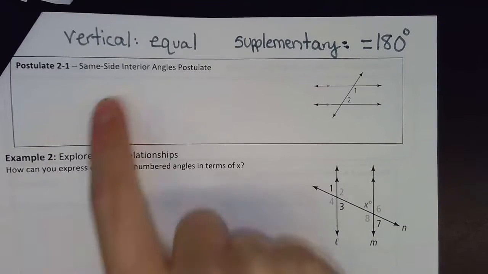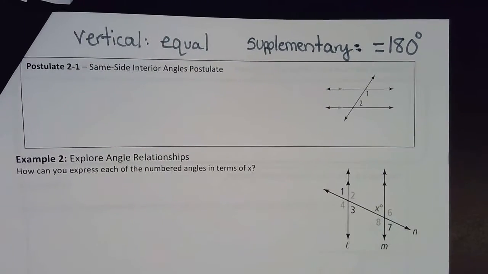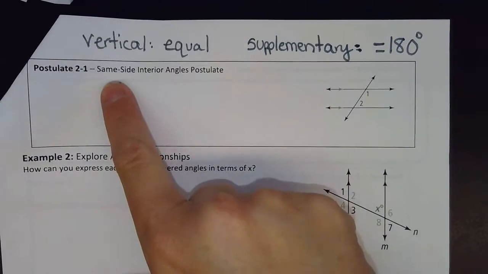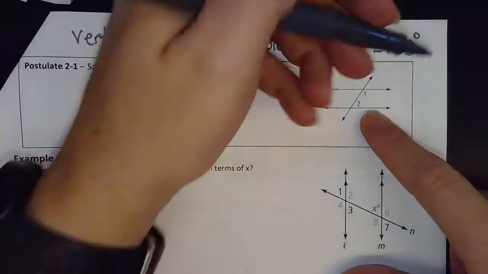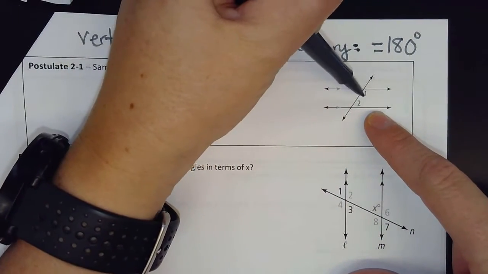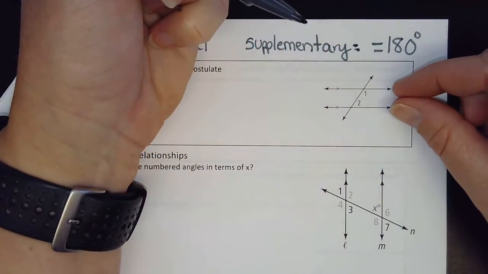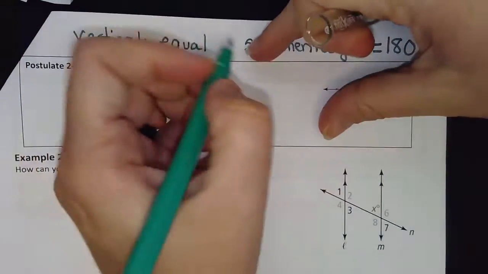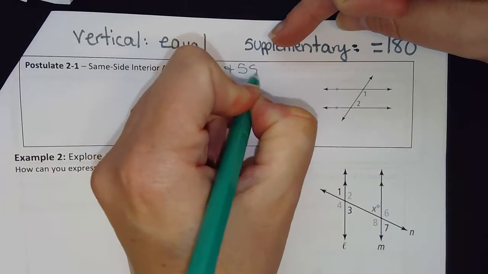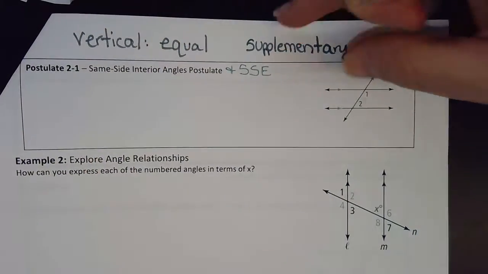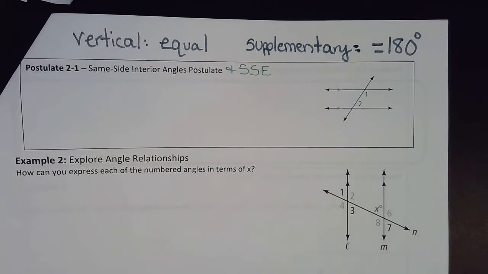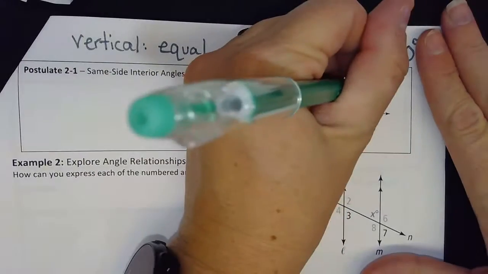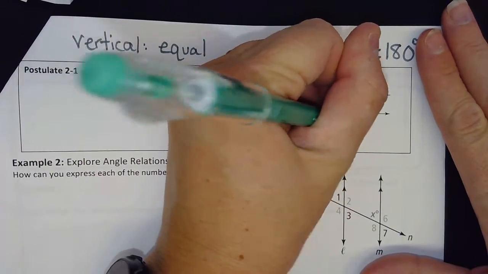So let's talk about our first angle pair that we chatted about yesterday. Same side interior angles. So same side interiors, they're on the same side of the transversal and they're on the interior of your parallel lines. This also is true for same side exterior angles. So we're going to get it all done in one big swoop. So like angles 3 and 4.